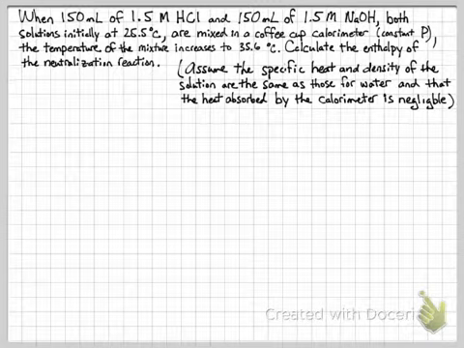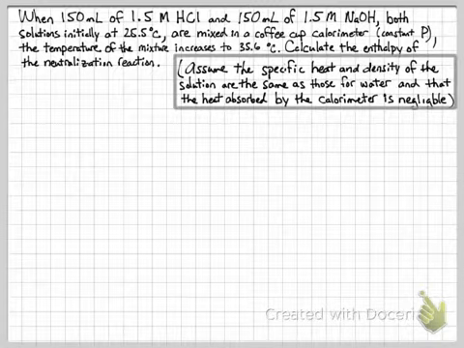Since a heat capacity was not supplied for the calorimeter in this problem, we can assume that the heat absorbed by the calorimeter is going to be considered negligible. If you are to take into account heat absorbed by the calorimeter, then the heat capacity of the calorimeter would have to be supplied.